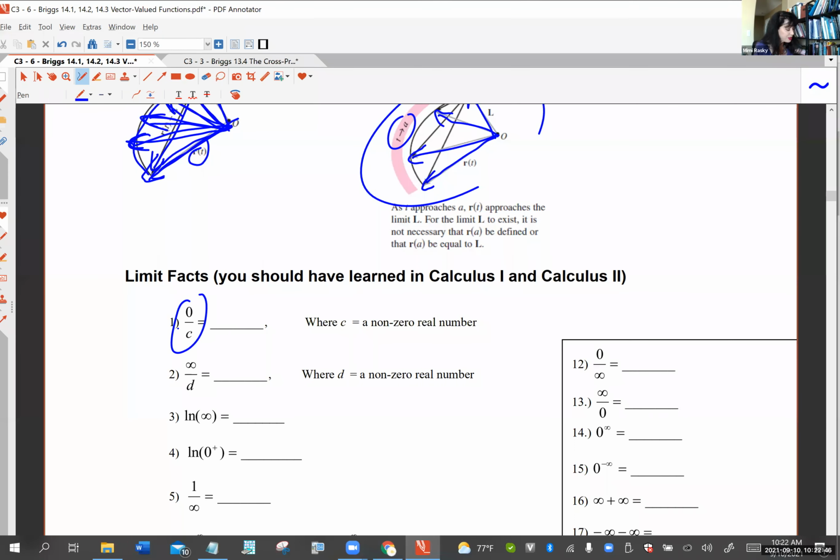What is 0 divided by a number where the number isn't 0? Like c is 10. What's 0 over 10 equal? 0. Yeah, good. So 0. What's infinity over a non-zero real number? Like infinity divided by 10 is really what? Infinity? Yeah.